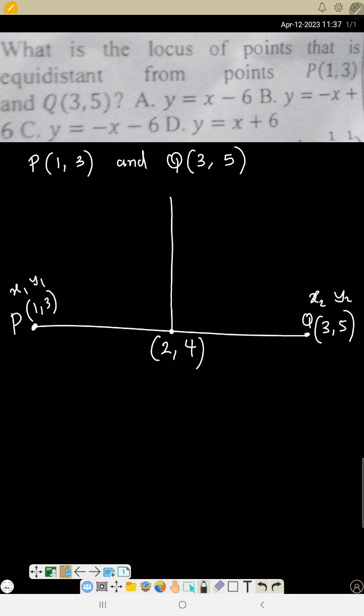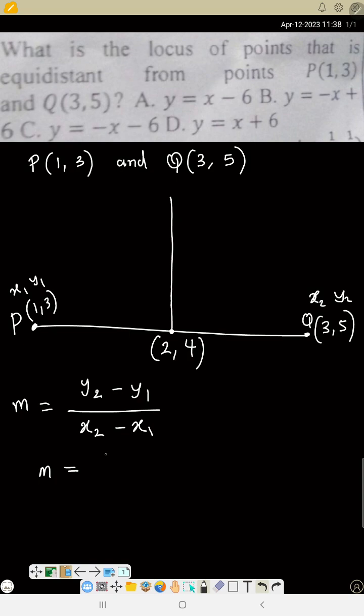Also find the gradient of that straight line. If you want to find the locus of a point, those are the steps: find the midpoint first, we got this, now find the gradient. Formula is y2 minus y1 over x2 minus x1.